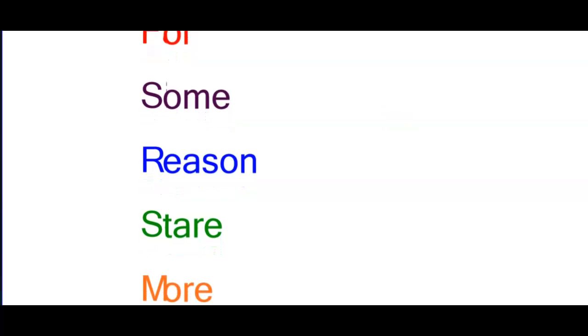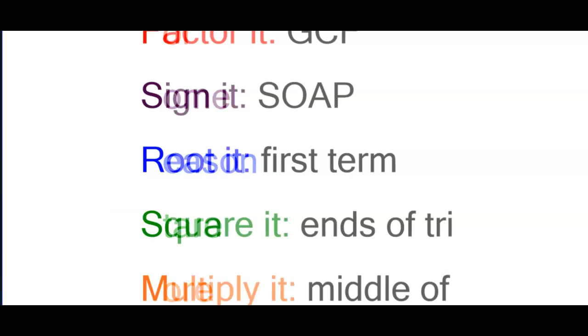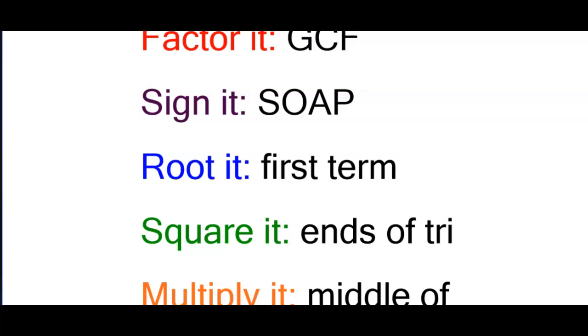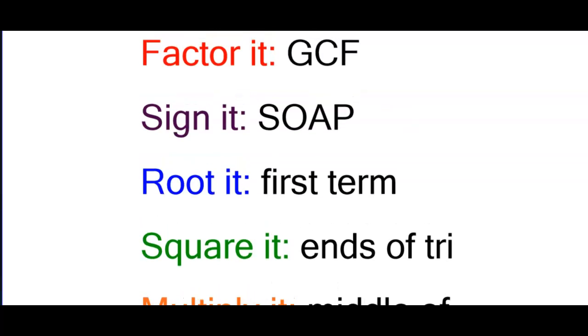Okay, so here's my silly little saying, for some reason, stare more. That is just a mnemonic for all of the steps that we have to do. We have 5 steps. The first step to factor the difference or sum of cubes is to, of course, take out a GCF, just like if you were factoring a regular baby trinomial.